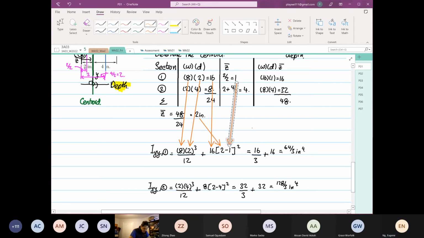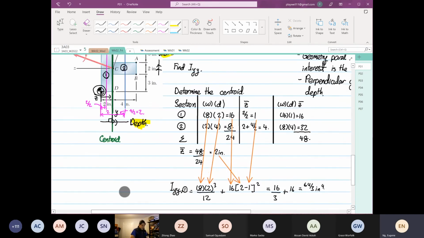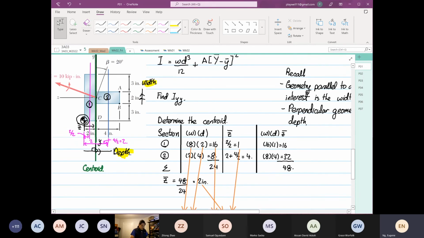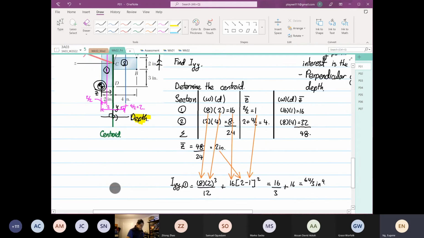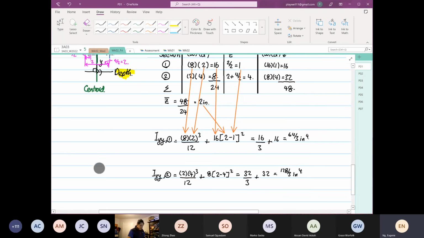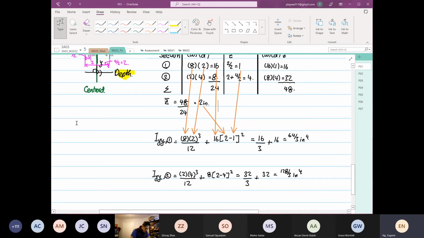I organize the data in such a way that by analyzing the geometry, I put the data on the table, and then when I do the calculation, I will not make any more mistakes. Without the table, when you start writing everything, it will go crazy. If you look at the next one, the trend is the same.